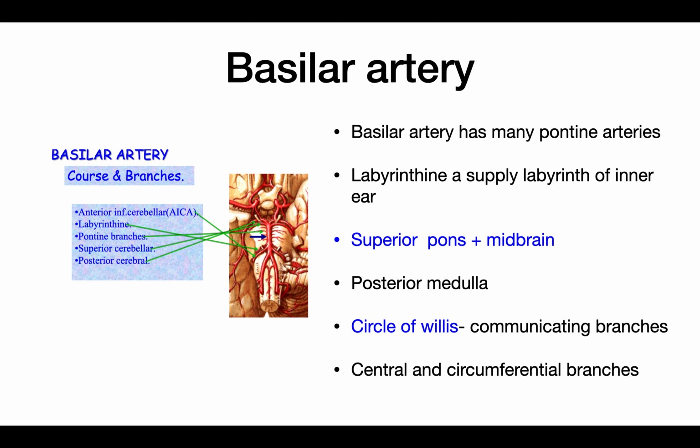It has the labyrinthine artery, and more importantly, it supplies the pons and the midbrain. It supplies a little bit of the posterior medulla as well, but it leads directly into the circle of Willis, and from there the circle of Willis basically disseminates the blood throughout the brain, thanks to the central and circumferential branches.